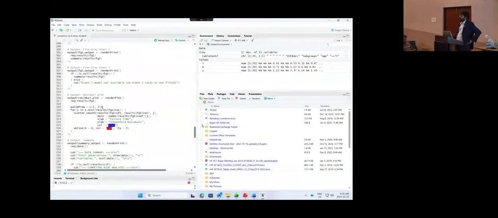I'll just wait for everyone to first run the file. The data set is the BMT one.